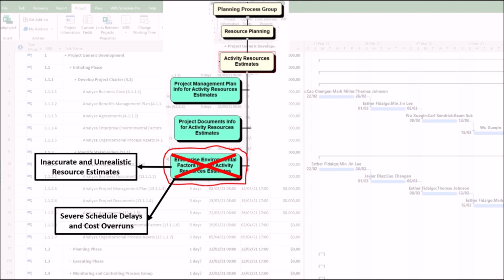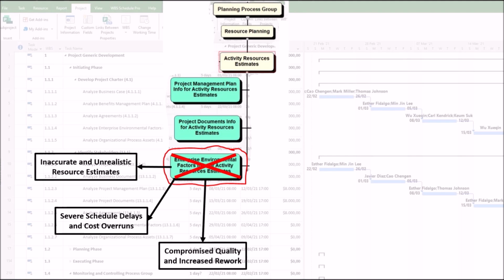For example, the procurement deadline for this equipment is 6 months due to global supply chain issues, not the 2 weeks you assumed. Second, other enterprise environmental factors, such as legal, regulatory standards. For example, the imported materials you specified are being held up at customs due to new trade regulations you weren't aware of. As a result, the project grinds to a halt for months, incurring massive delay costs and potential penalty fees.